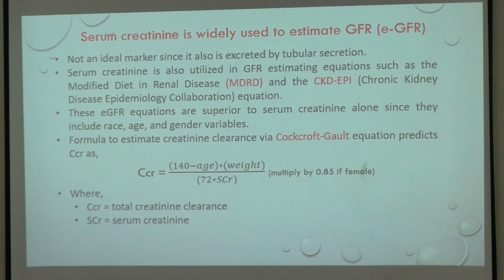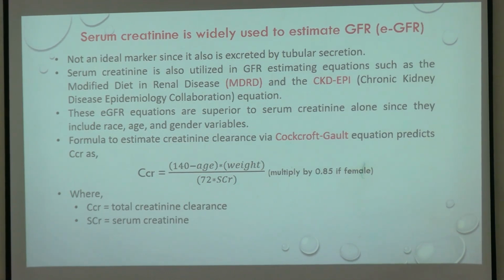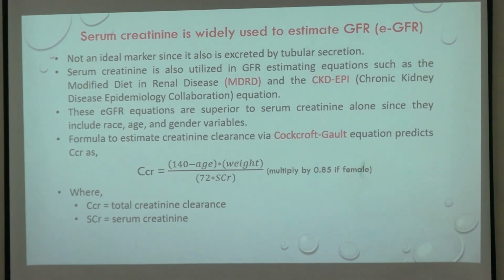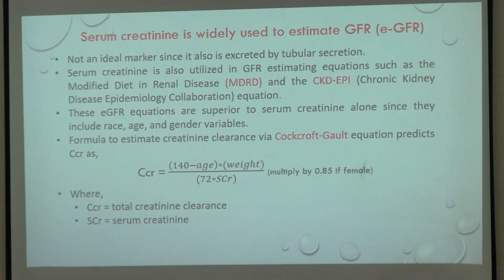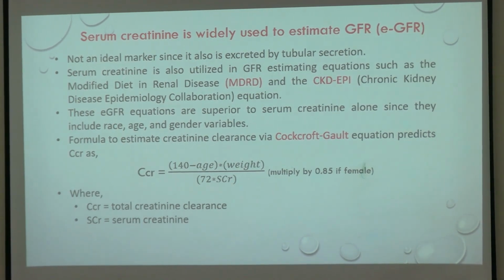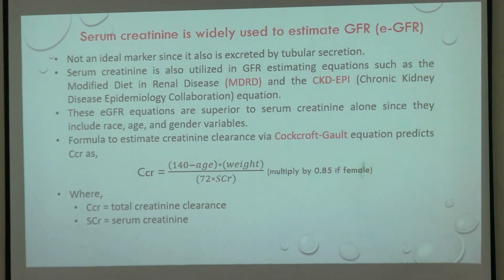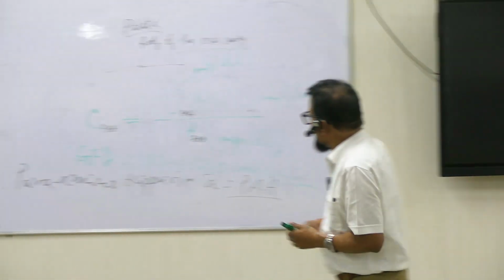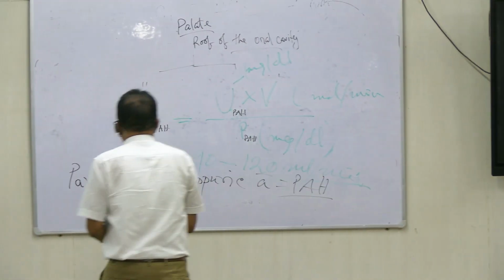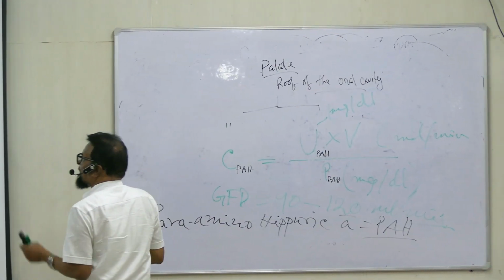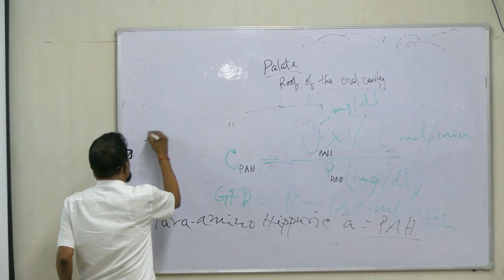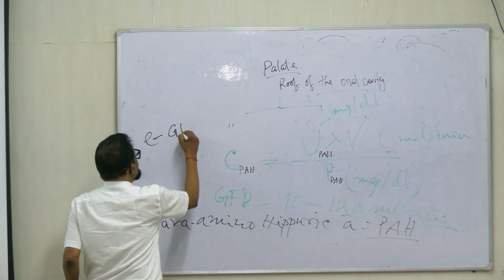Often we hear the nephrologist say the patient's 50% kidney is lost, not working, 75% of your kidneys are not working. So how are these percentages calculated? For that purpose, very important, another question that is often asked is eGFR.